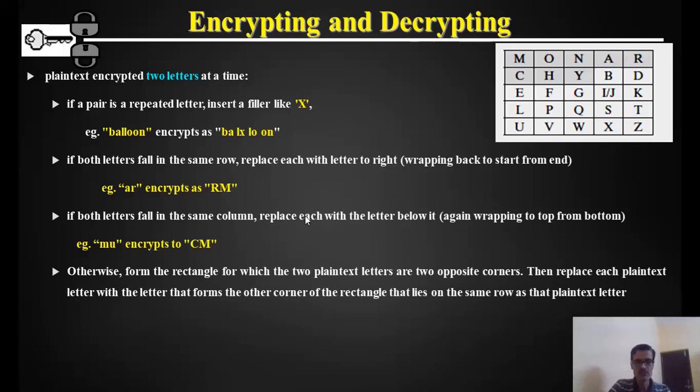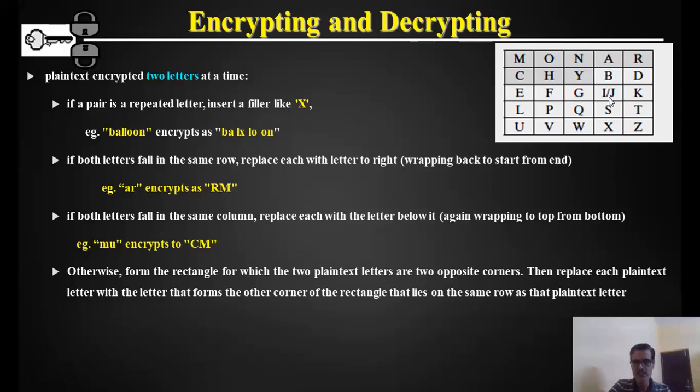Say, for example, MU is taken as an example here. See, M and U are both falling in the same column. So M has to be replaced by C, and U, wrapping back to the top, by M. So if in your plain text you have MU, it has to be replaced by CM.